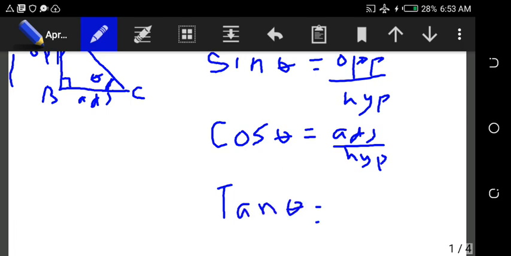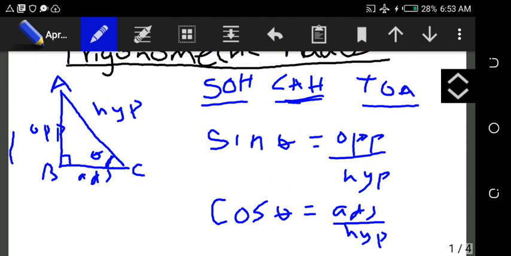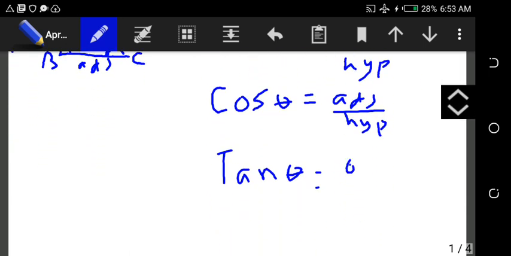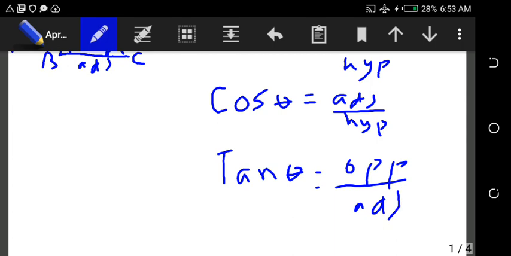According to our SOHCAHTOA, tan theta evaluates to opposite over adjacent. That's the TOA: T for tan, O for opposite, A for adjacent. Therefore tan theta is equal to the opposite side over the adjacent side. And this is how we can evaluate sine, cosine, and the tangent using the right angle triangle.